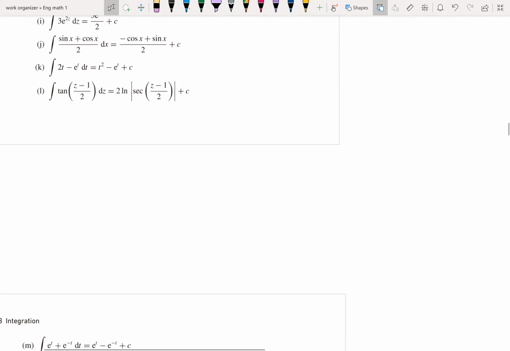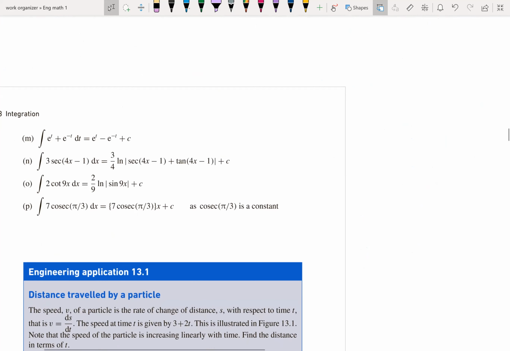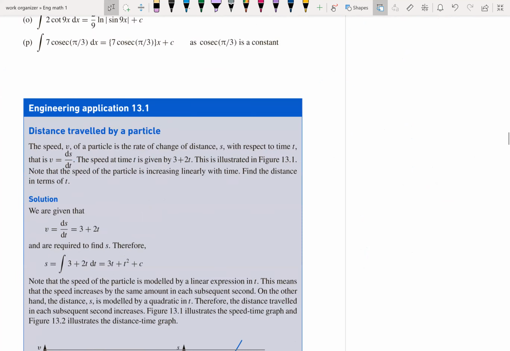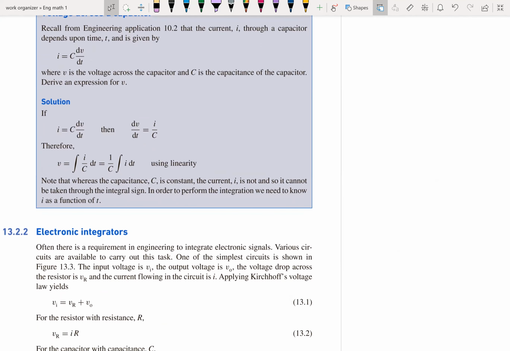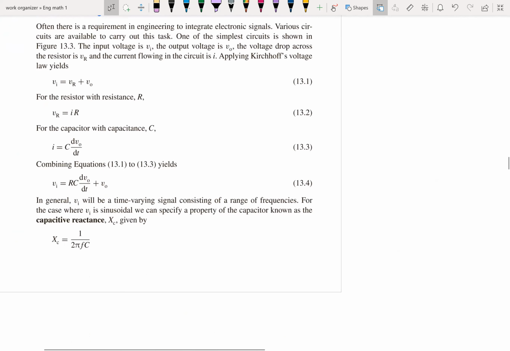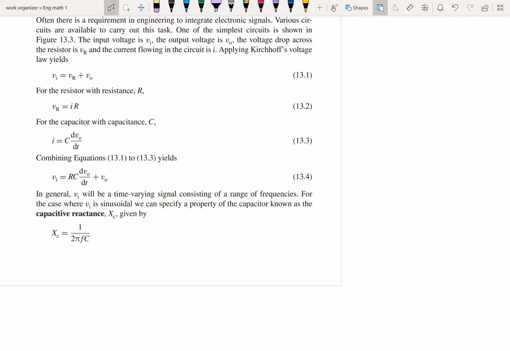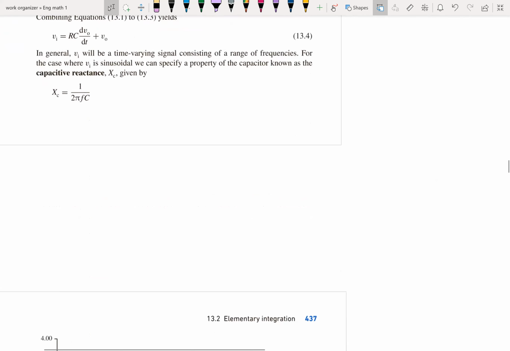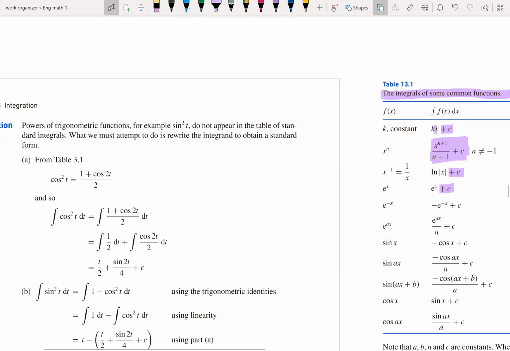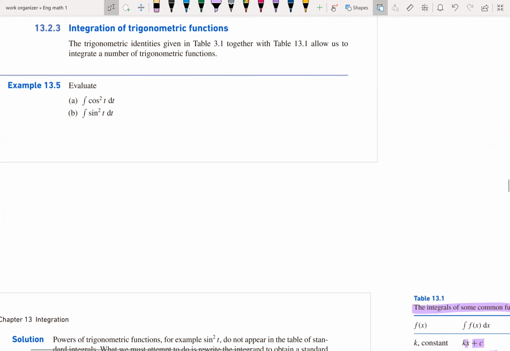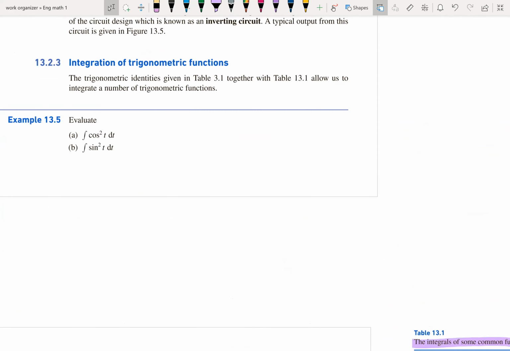So next, we will look at integration of trigonometric functions.